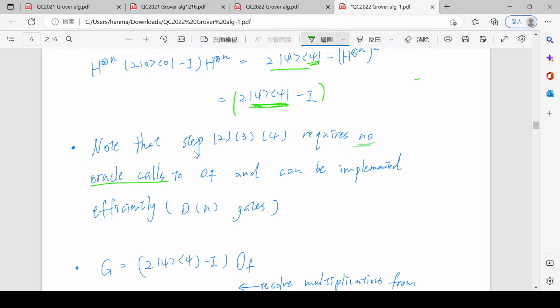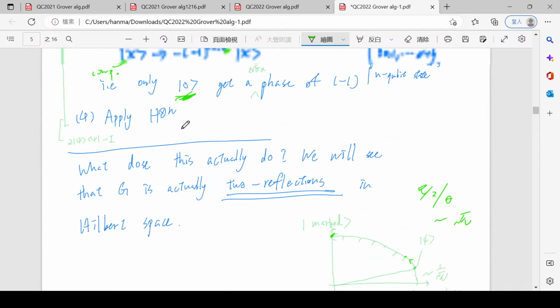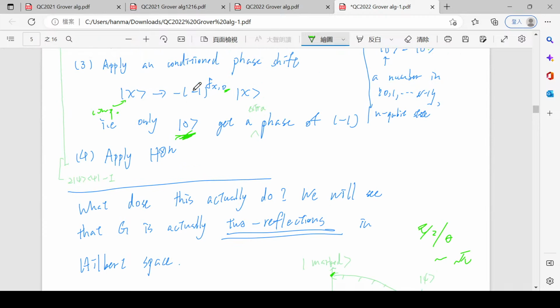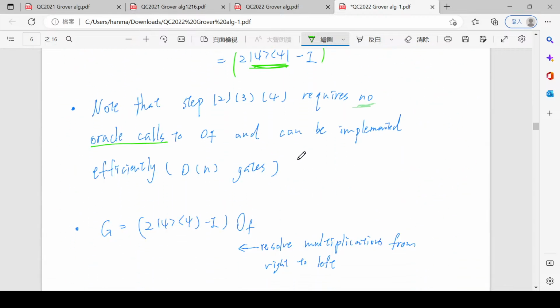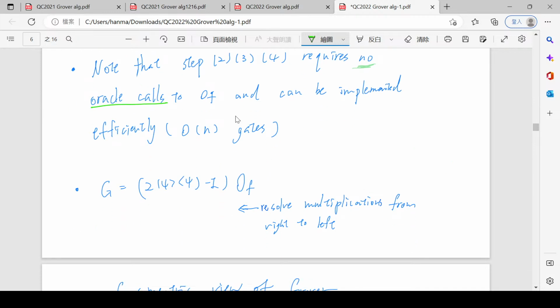Sigma to n only requires n sigmas, and you can think of this as some kind of controlled phase, some kind of control Z. And that can also be done pretty efficiently. You can do order n, the multi-control Z. Then, so that's that.